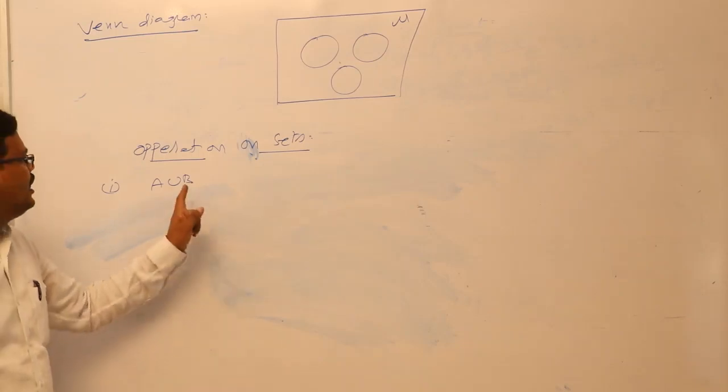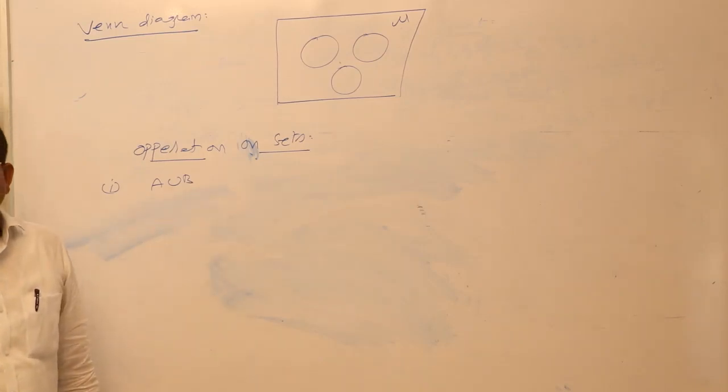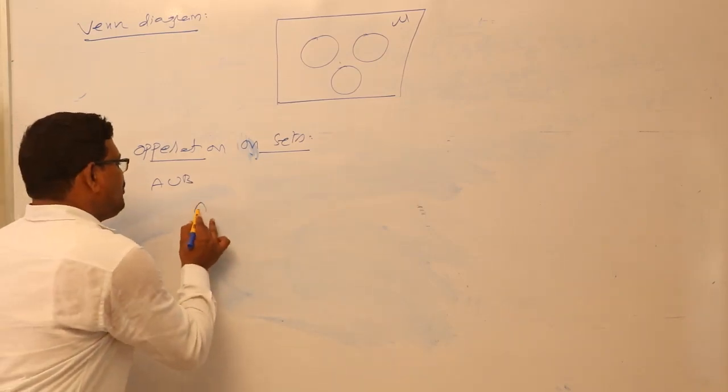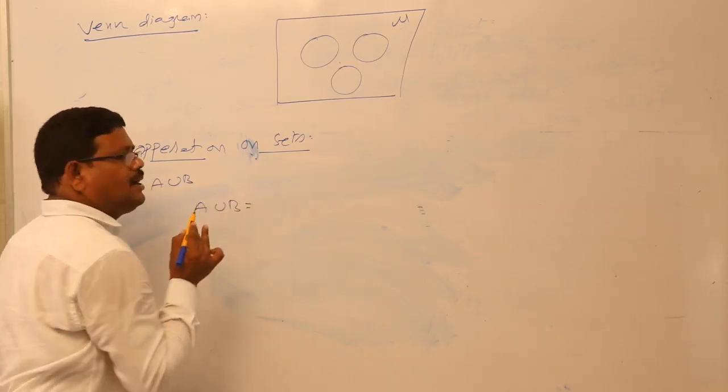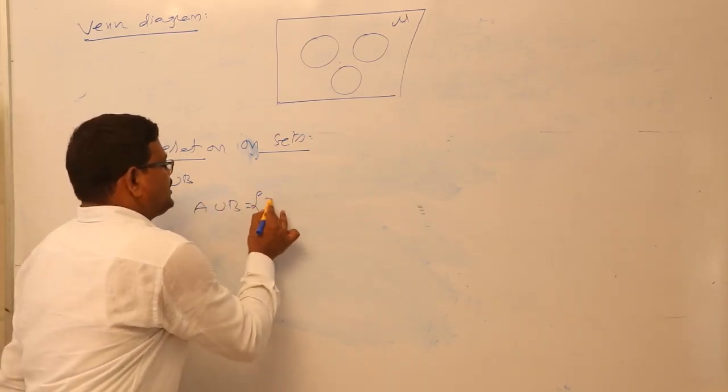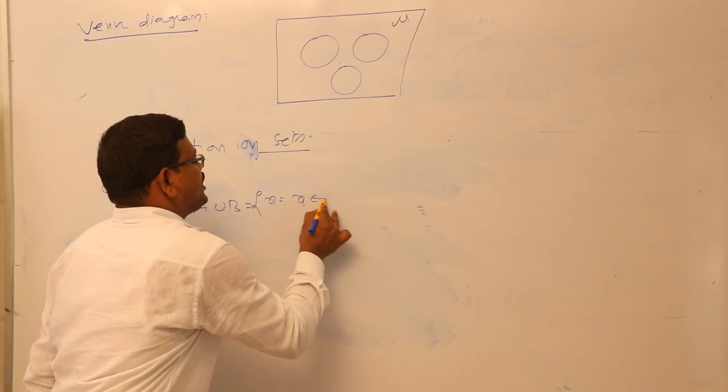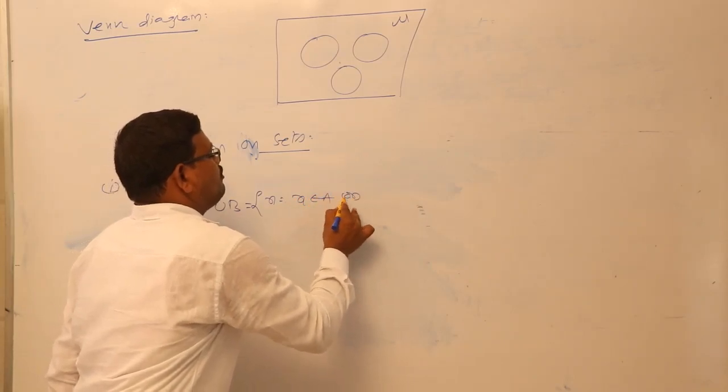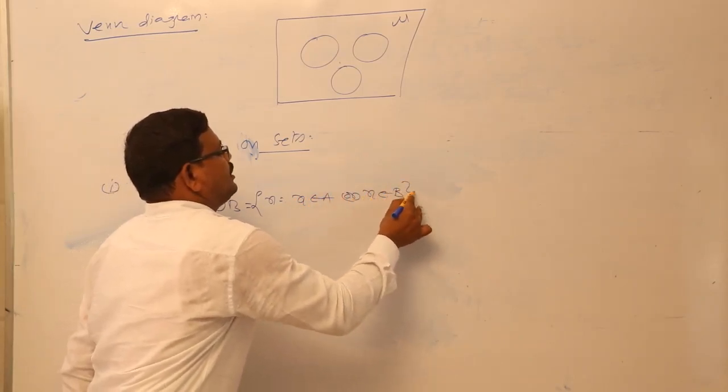So A union B can be written as {x such that x belongs to A or x belongs to B}.